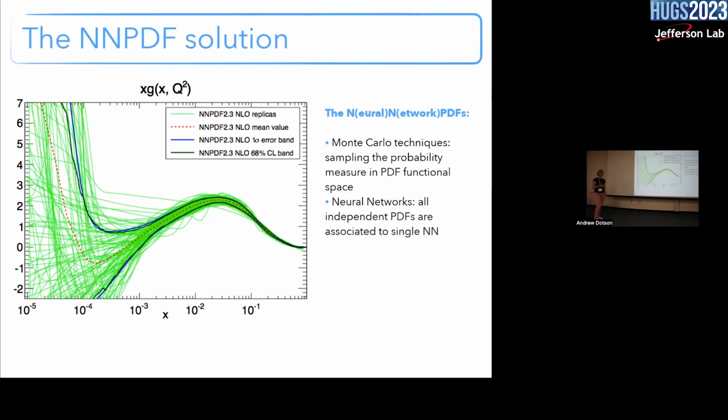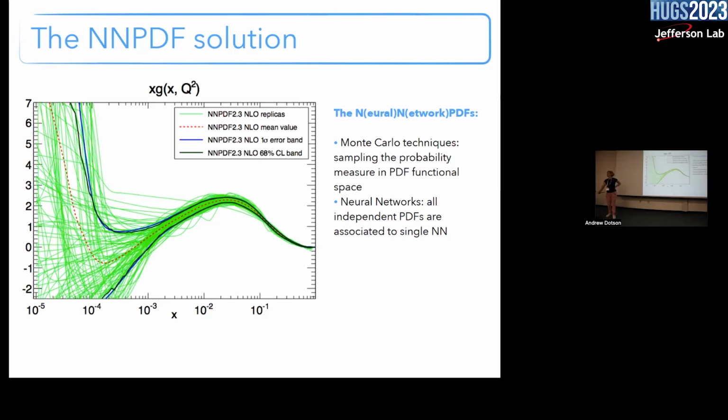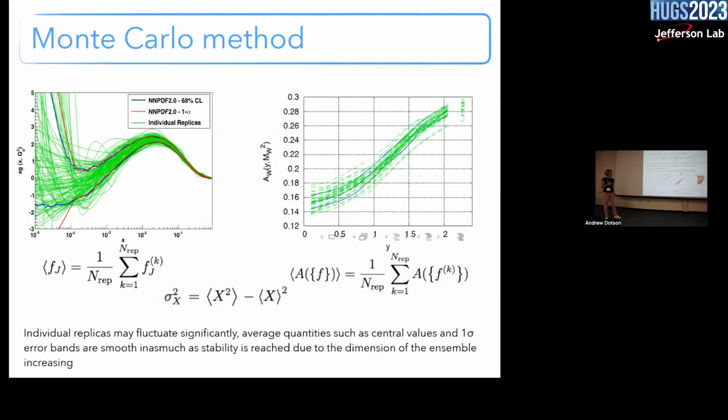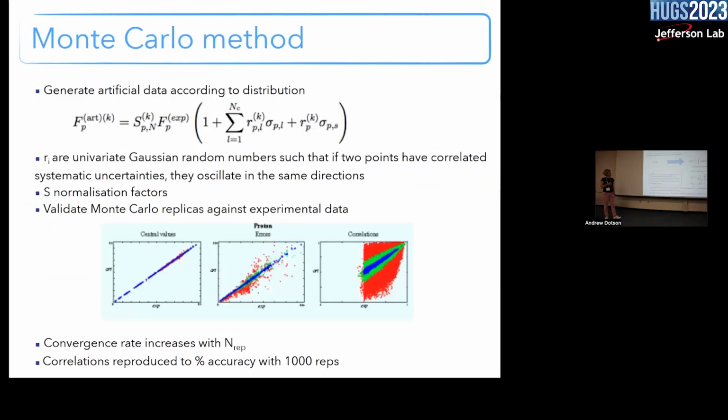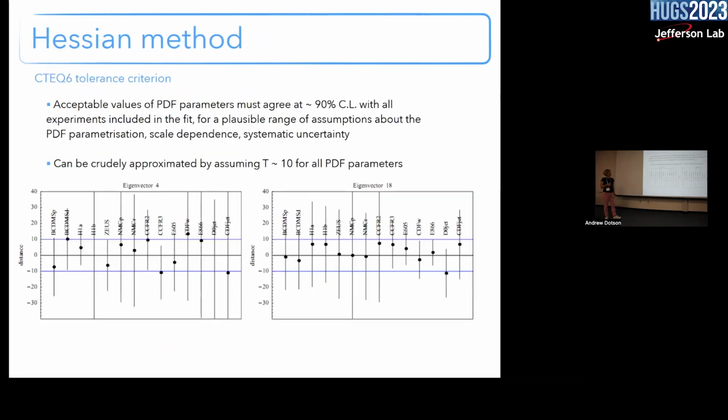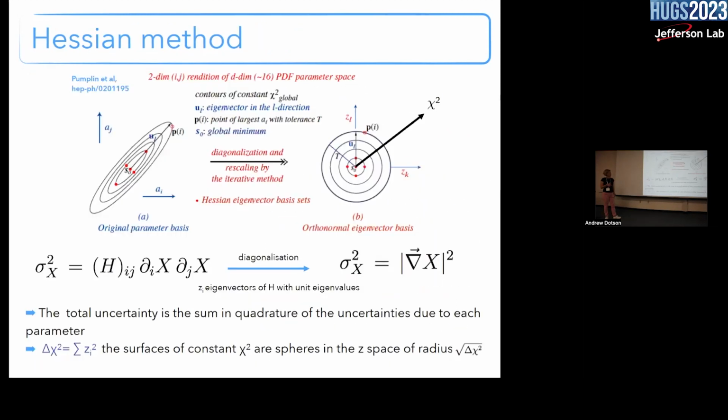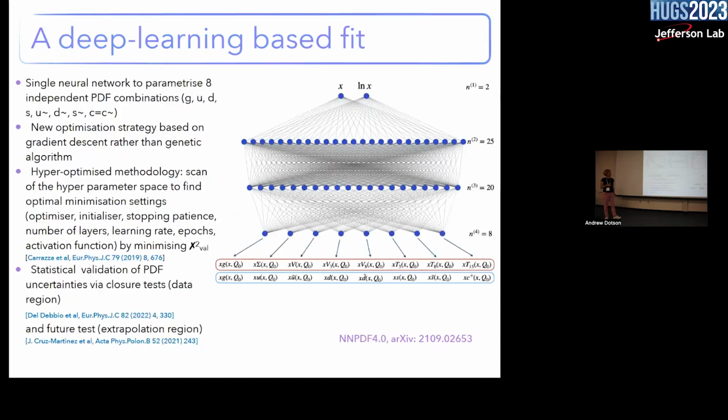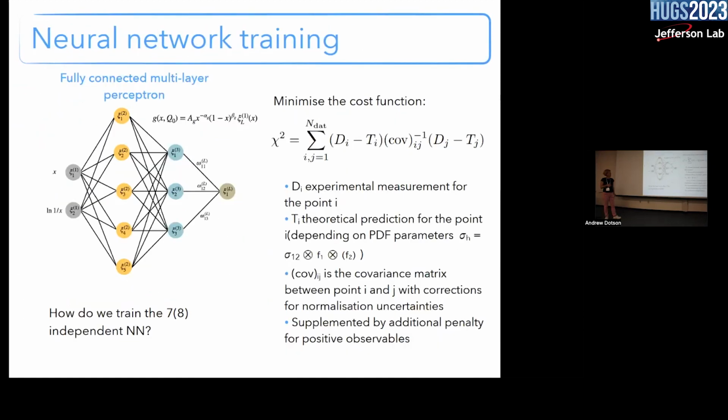Any questions about the error propagation? Okay, so for those who are on Zoom, there was a question about the systematic uncertainty in the experimental data, which is a very important one. First of all, independent of the method, you always have to use a chi-square, which is defined like that.